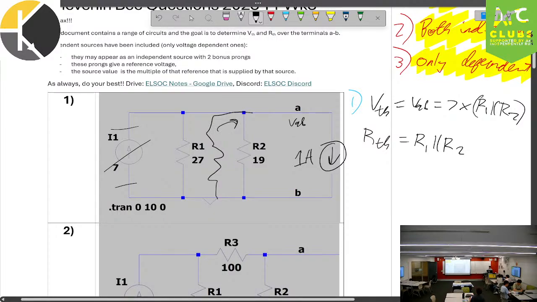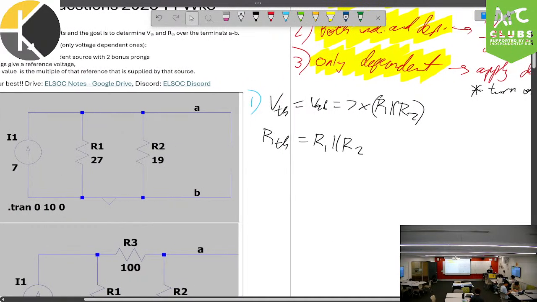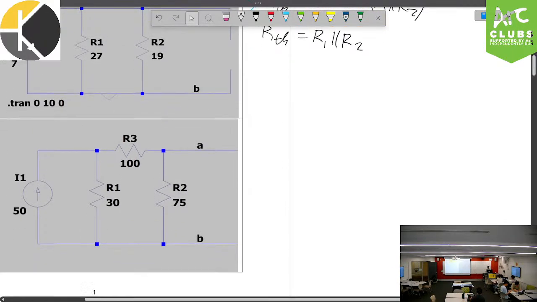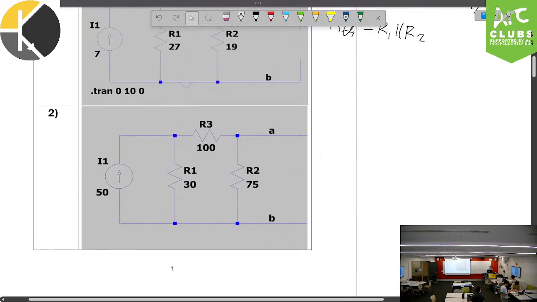If we know the current coming out of it, we know the voltage. Yeah? Fantastic stuff. It may be a little bit more intuitive for me to go like this, and then I can say, okay, current's going that way, therefore I get a positive, negative voltage there, right? And so that is how we work those out. Fantastic stuff. And they all give us the exact same answer of R1 parallel R2, right? Fantastic stuff. We'll move on to question 2 now.